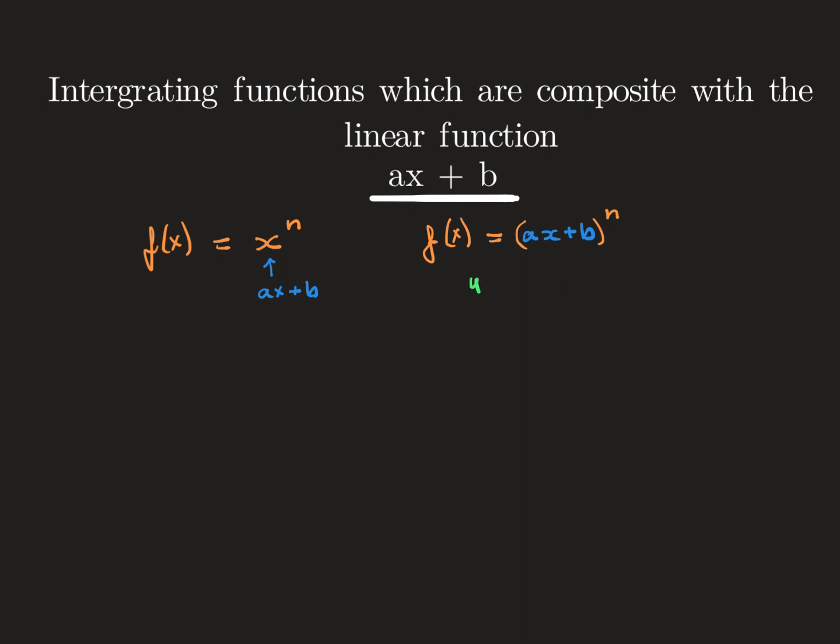A linear function is usually written in this manner, with mx plus c. That's usually where m is the slope and c is the intercept. But we can also write it with anything. We can write it as ax plus b. The a and the b are the constants, whereas the x's here are the variables.